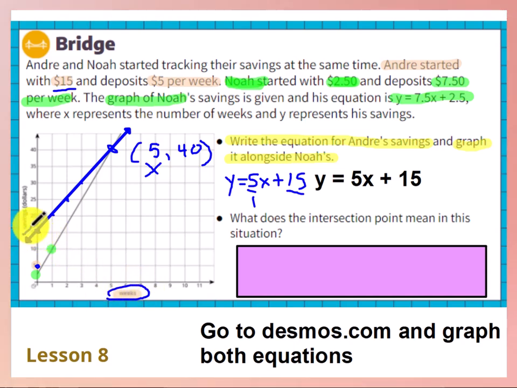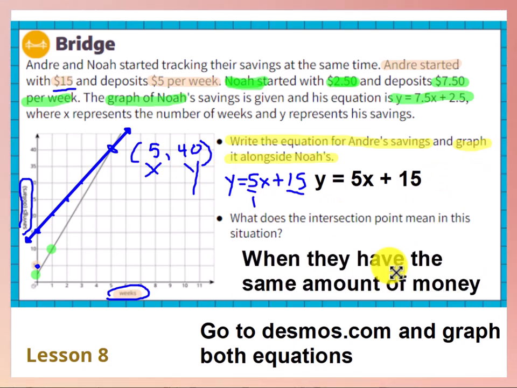On the y-axis, dollars, your savings, is going to be your y. So what that means is in 5 weeks, both Noah, because they intersect, and Andre have $40 in their savings account. That's when they'll have the same amount of money, and it's going to be at 5 weeks, and the amount's going to be 40. So go to Desmos, and we want to graph both equations.